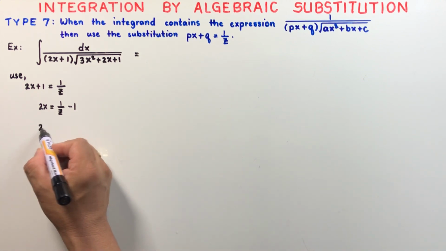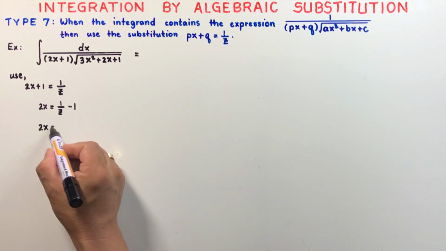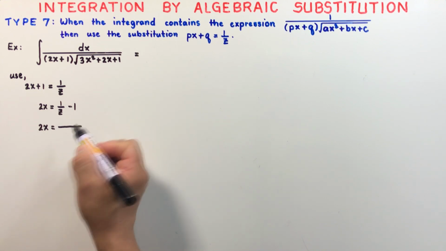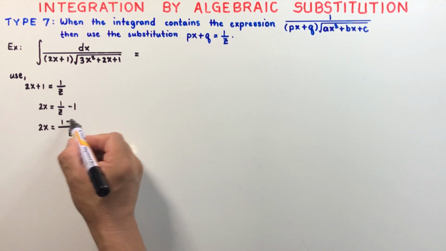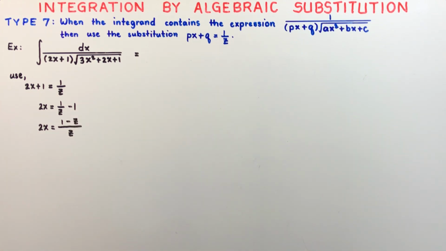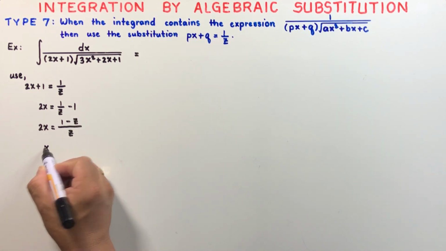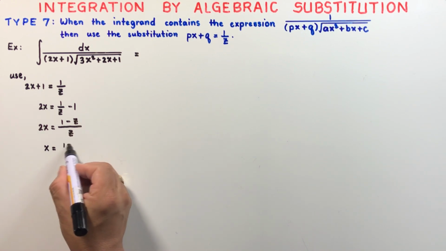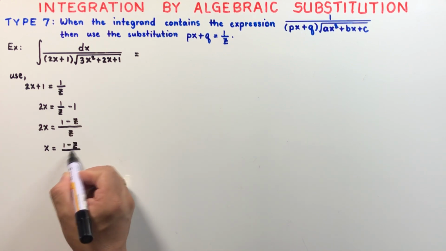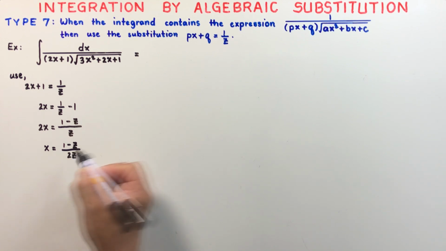And combining both terms, we have our LCD of z. So this is 1 minus z in the numerator. And dividing both sides of the equation by 2, what remains at the left is only x. So this is 1 minus z over 2z.